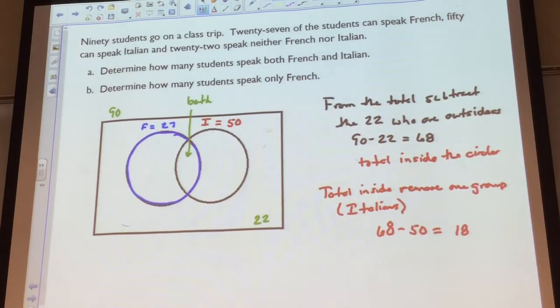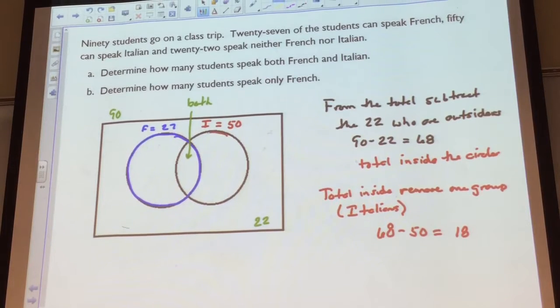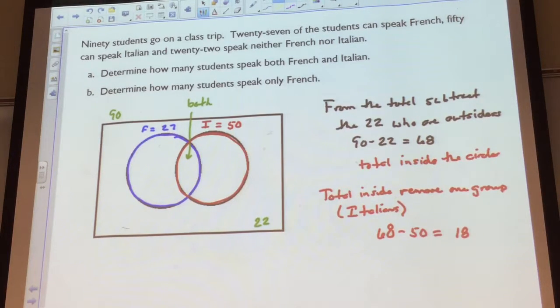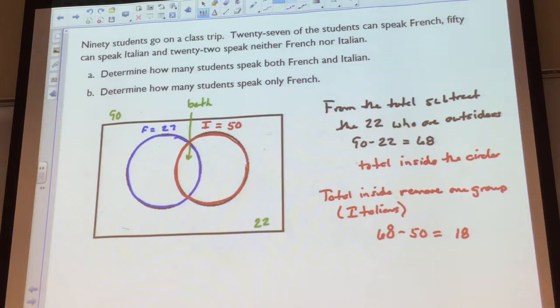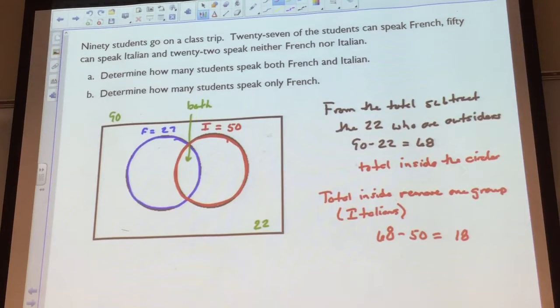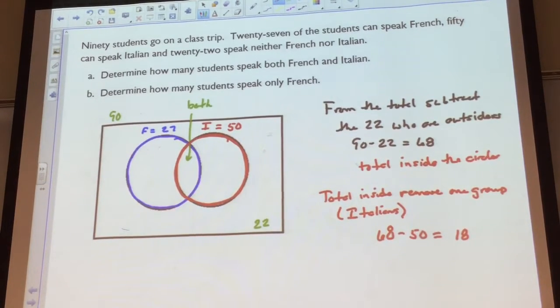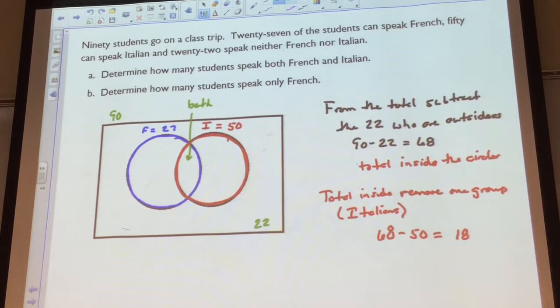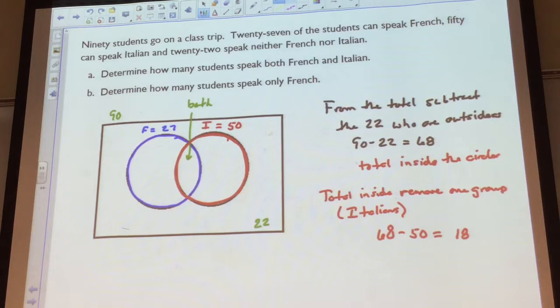Now visualize what you're doing. If you took this entire circle here away from the two circles combined, it leaves you 18. And what does that 18 represent? Only French. You took away the Italians, so they have to be the only French part of the problem.